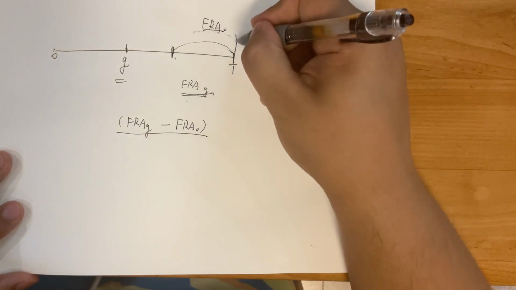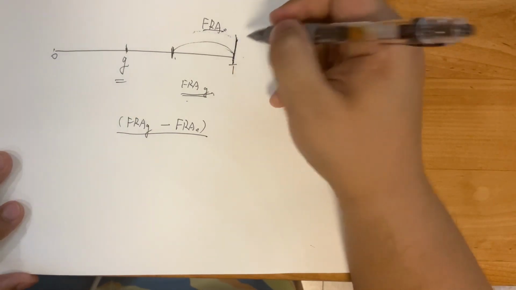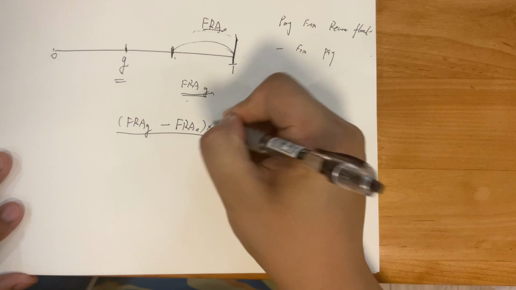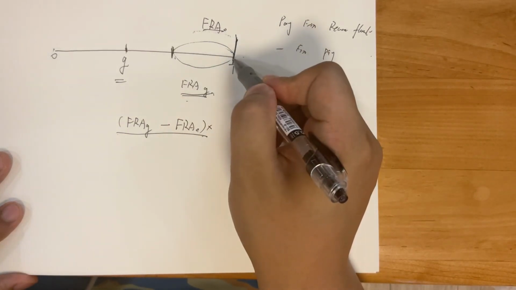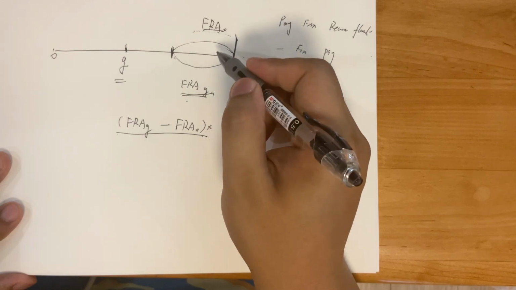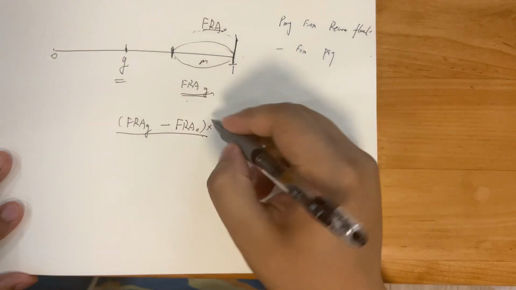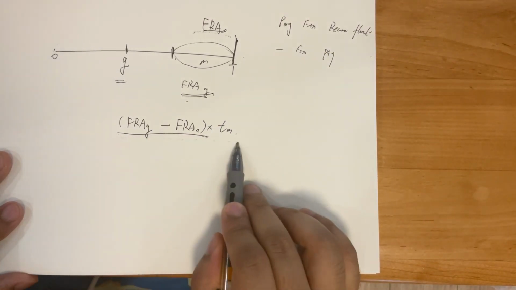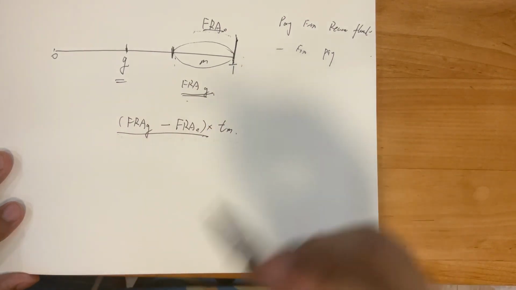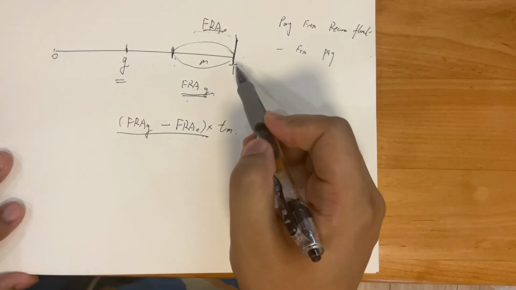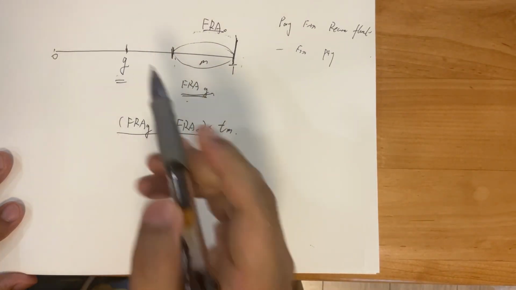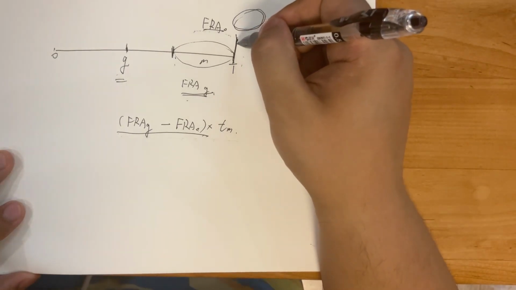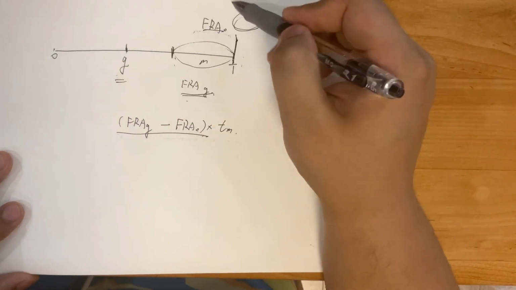So you're going to actually pay this interest at time T. You're going to take the difference and multiply it by the specific time period, which I'll call M. This will be the interest difference that you're going to gain, and of course you're going to discount that back to time G, because if you're going to receive or earn something, it will happen in the future, and it's not discounted back to now.